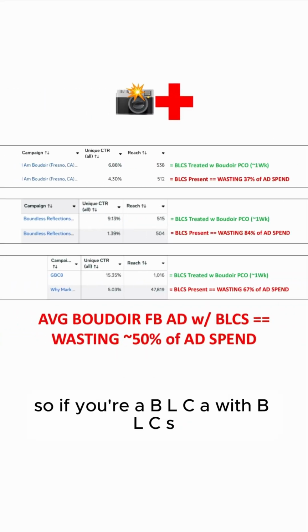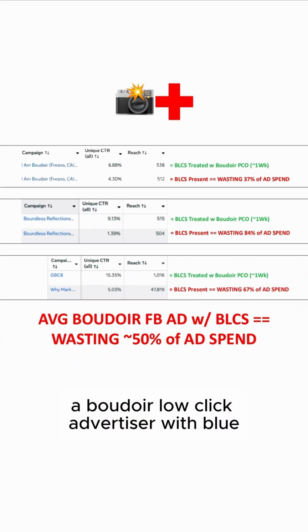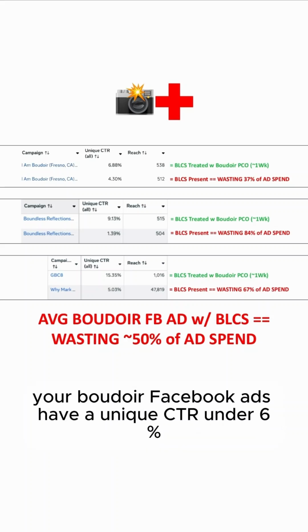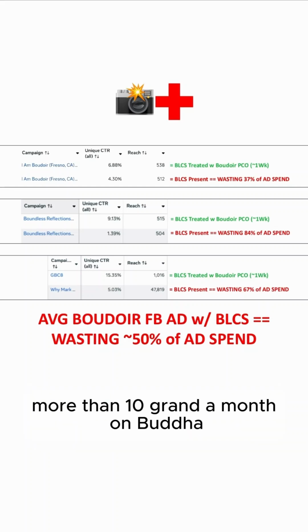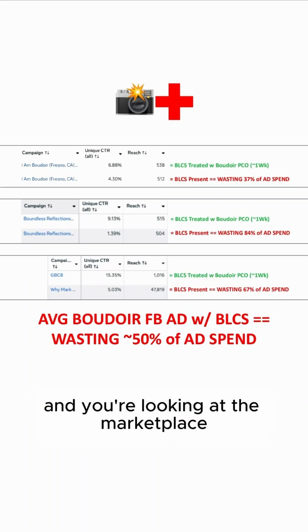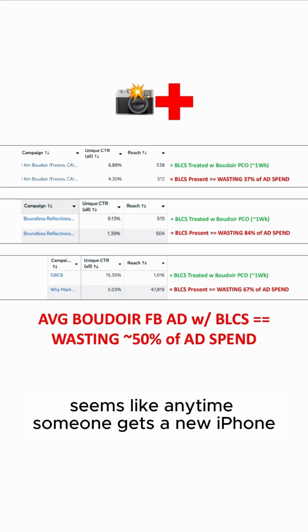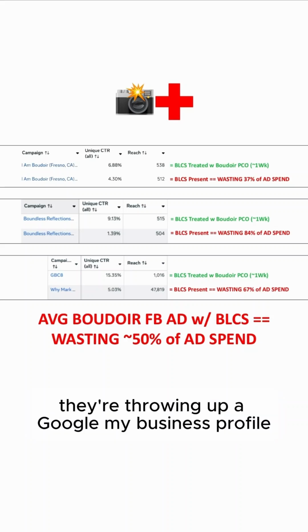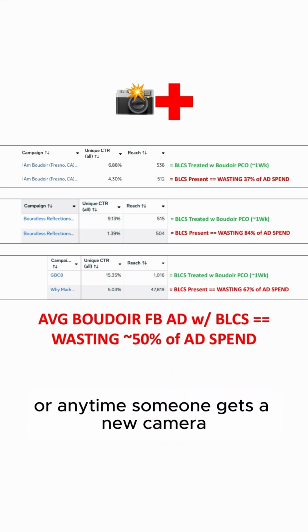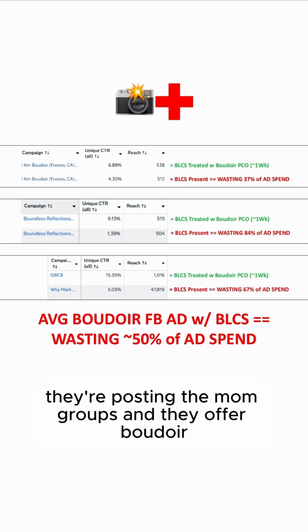So, if you're a BLCA with BLCS, a Boudoir low click advertiser with Boudoir low click syndrome, your Boudoir Facebook ads have a unique CTR under 6%, and you're spending more than 10 grand a month on Boudoir Facebook ads, and you're looking at the marketplace getting more and more saturated. Seems like anytime someone gets a new iPhone, they're throwing up a Google My Business profile saying they offer Boudoir, or anytime someone gets a new camera, they're posting in the mom group saying they offer Boudoir.